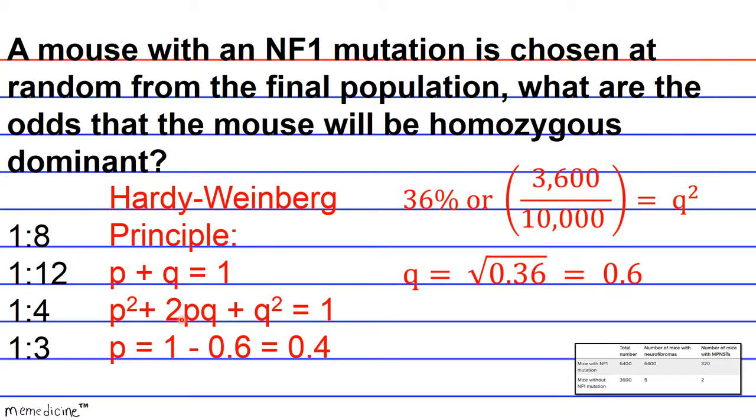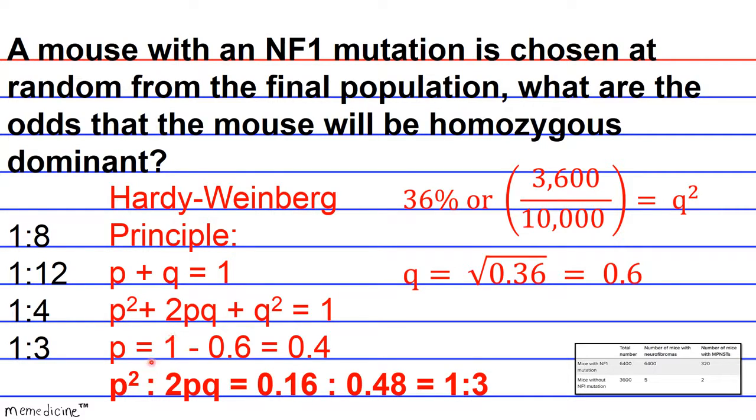So, therefore, the ratio that we're looking to find is going to be p squared to 2pq, okay? So we want to know, out of a mouse with an NF1 mutation chosen at random, it either has to be this genotype or this genotype.